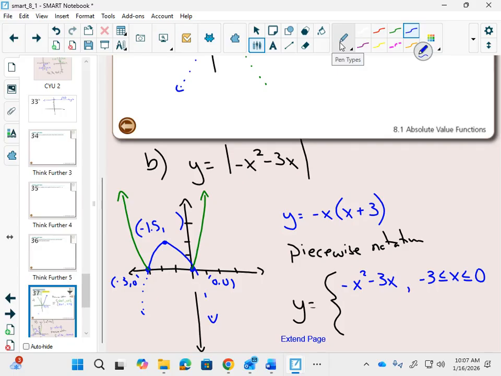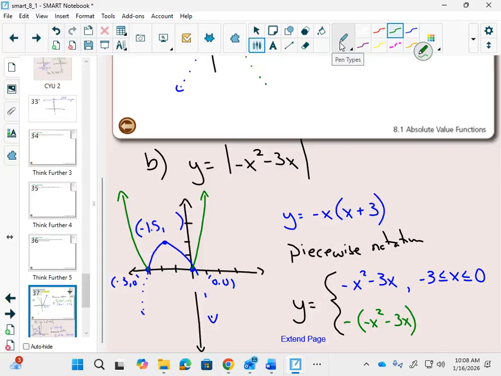What is the equation of the green part? The easiest way to write the equation of the green part is to take the equation of the blue part and put a negative in front. Does it make sense that if all your y values were negative and you wanted to make them positive, one way that you can make a negative number positive is by multiplying by a negative?